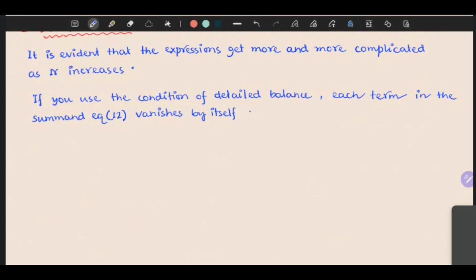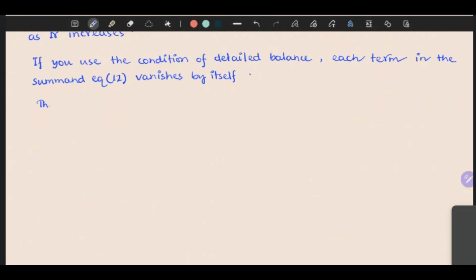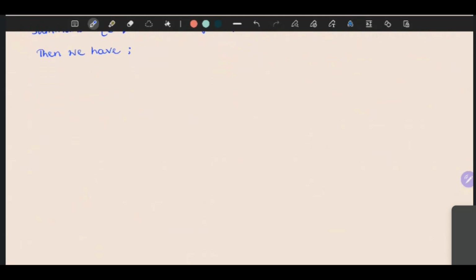Okay, so then we have W of K given L times P of L is equal to W of L given K times P of K. That will be the detailed balance expression.